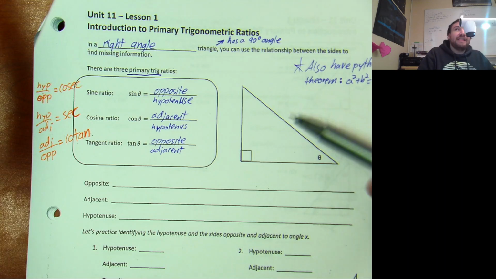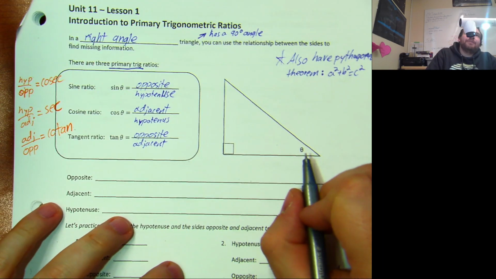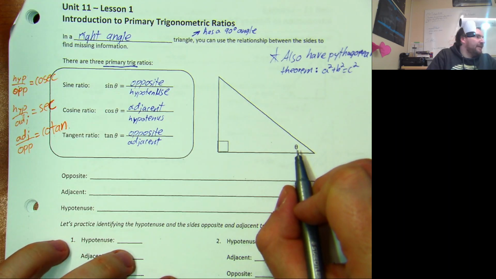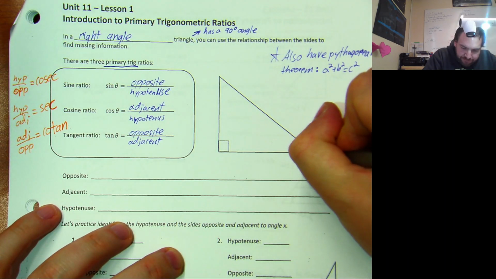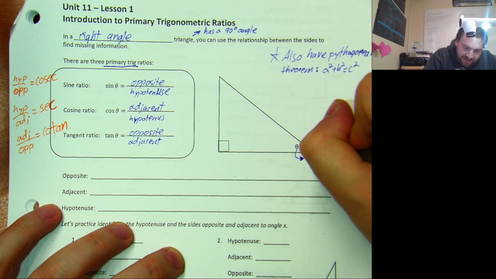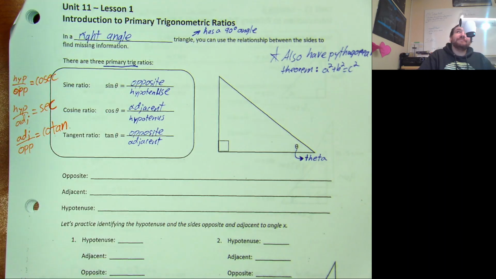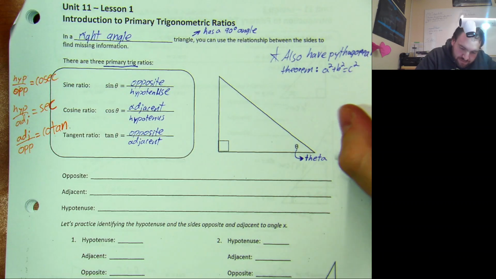So this triangle here, this little symbol right down there, that cute little guy, is a Greek letter. We call that Greek letter theta. And we use theta like we have variables x, y, z. You've used them before. We jump into the Greek when we are using variables for angles. So this is just a variable for an angle.